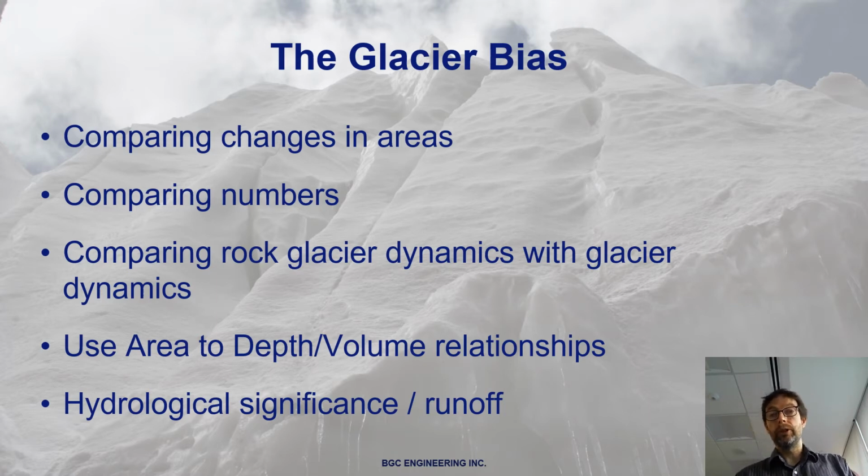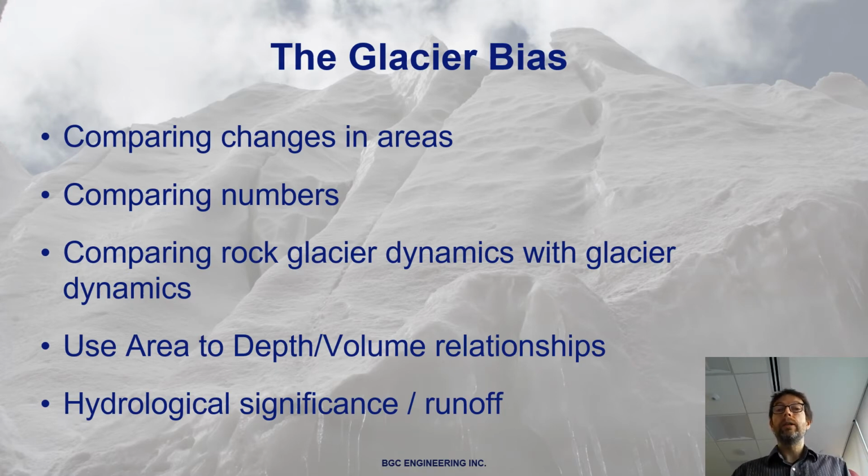We all know that due to climate change, glaciers are receding at unprecedented rates, and we see huge shrinkage in glacier areas, but that cannot be compared. And if you include a rock glacier in a glacier inventory, your results of how the overall glacier area in a watershed changes with time will be completely wrong, because you're including something that really doesn't change its area.